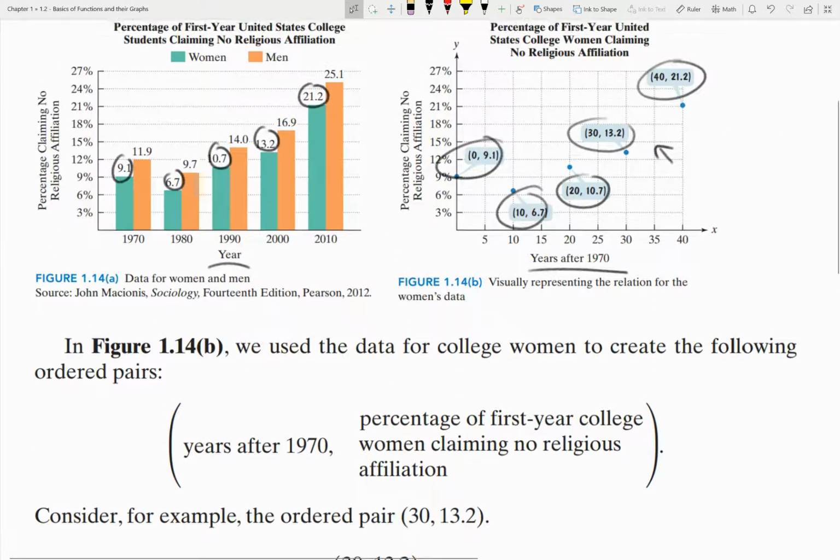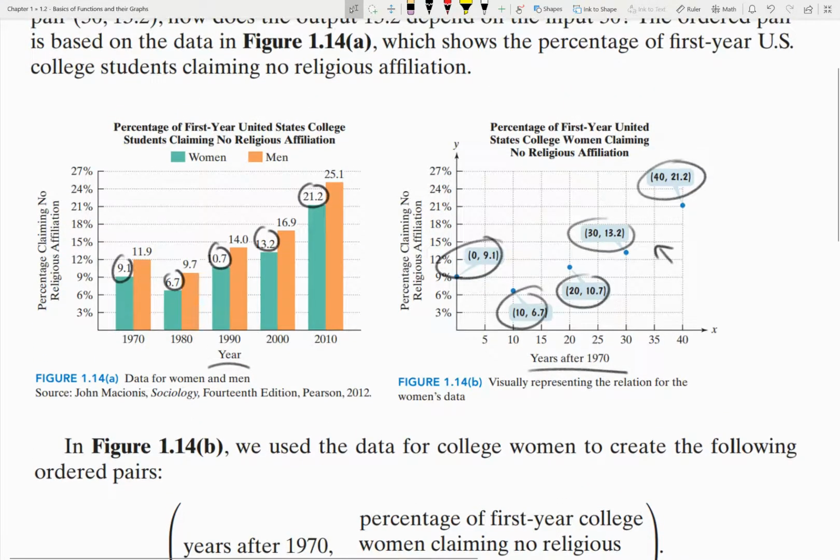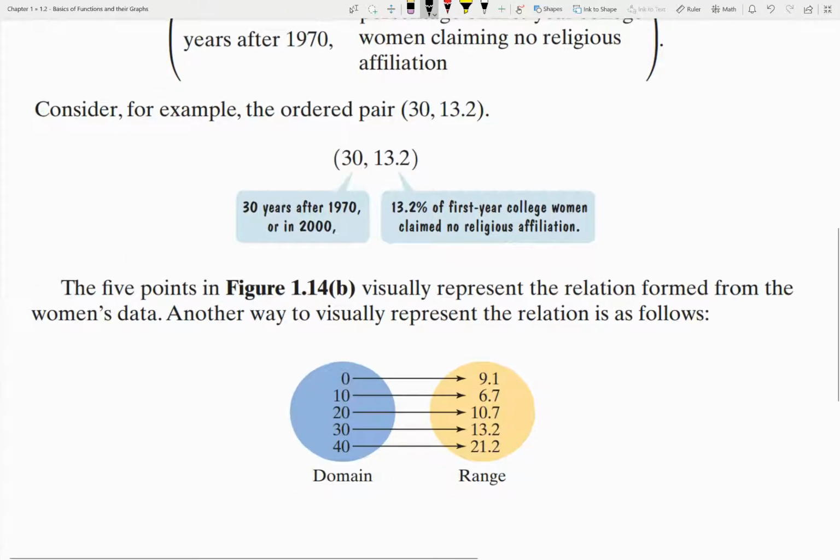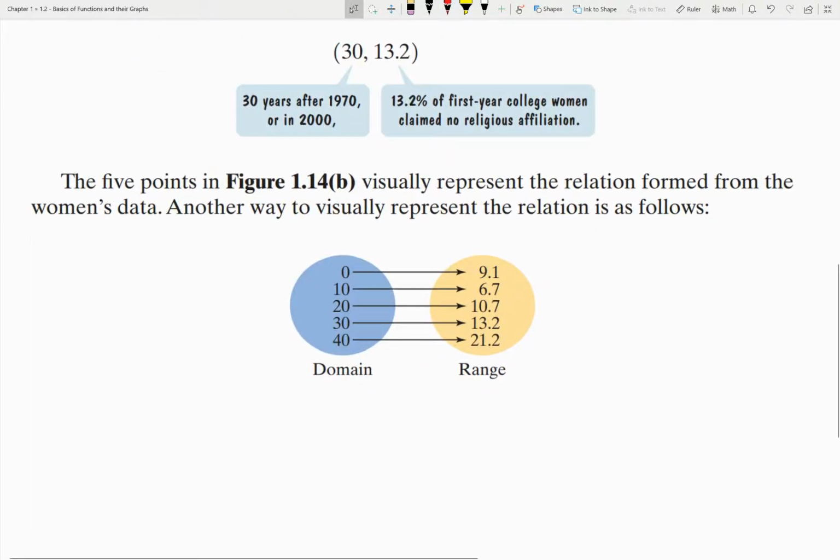Okay, so we represented this data with a bar graph that was a little cluttered on the left right there, and with data points on a graph on the right. Another way we can represent this data visually is with a mapping diagram like we have down here.